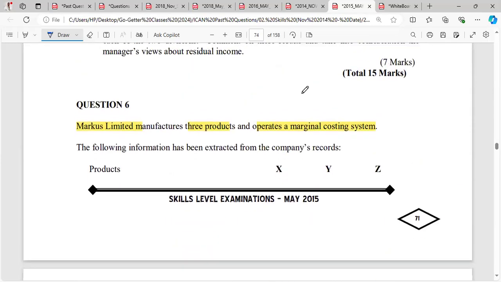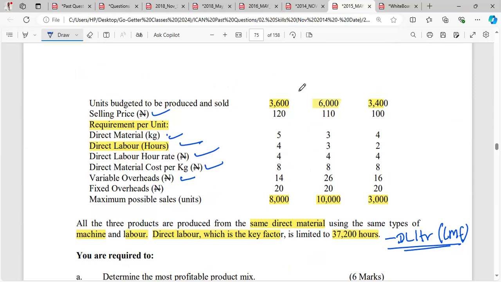Now, what do we know about fixed costs? Our fixed cost is fixed in total terms, but it's going to be variable per unit. How did we get this 20 naira per unit?